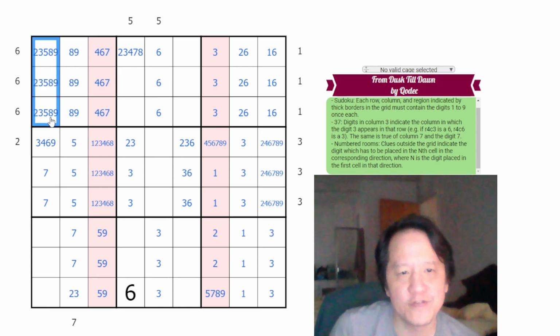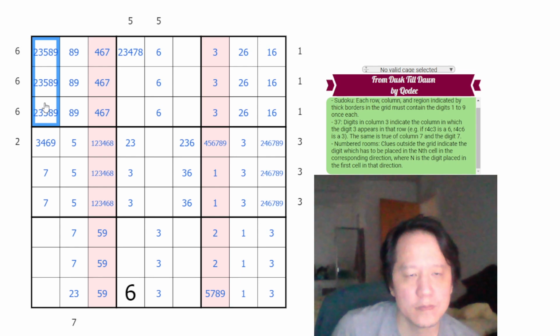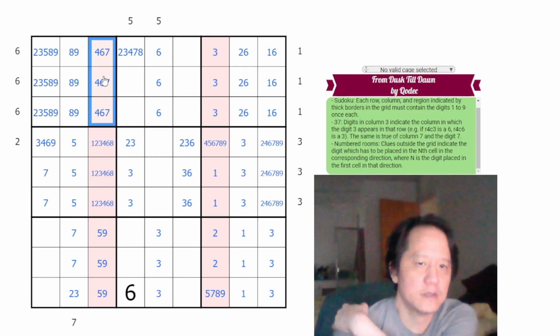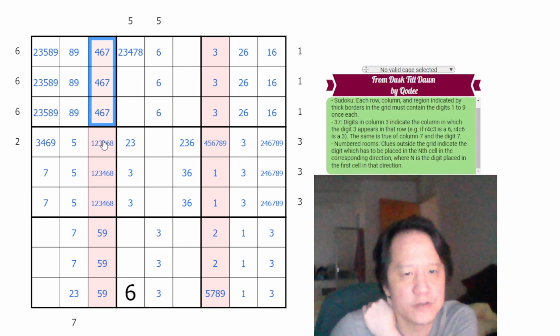So we'd have 3, 5, 8 here. Because this would be 4, this would be 6 then. So this would be 3, 5, 8. And since this is 3, 5, 8, this would have to be 1. So this would be 1, 4, and wait. 1, 6, and 7. Right. So that's if this is 4.